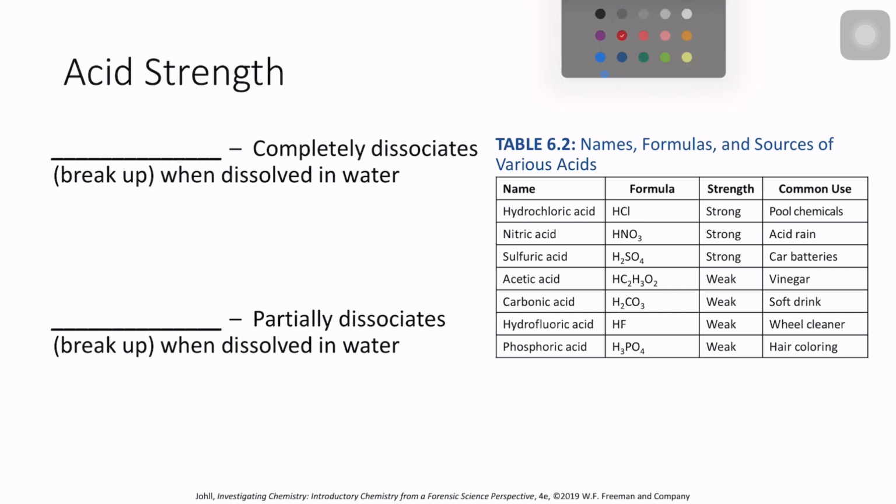We have two different types of acids that we talk about. We have a strong acid, which completely dissociates or breaks up when dissolved in water. For this class, we are going to talk about six strong acids, and you need to know these.